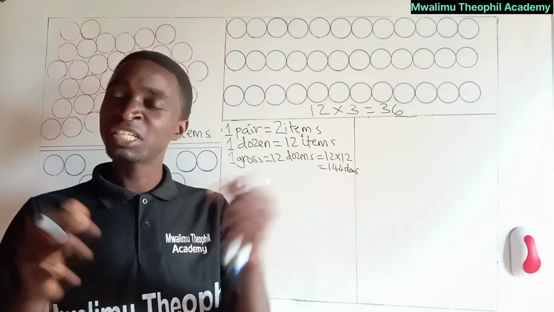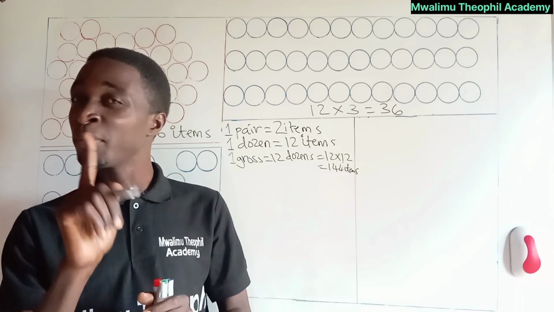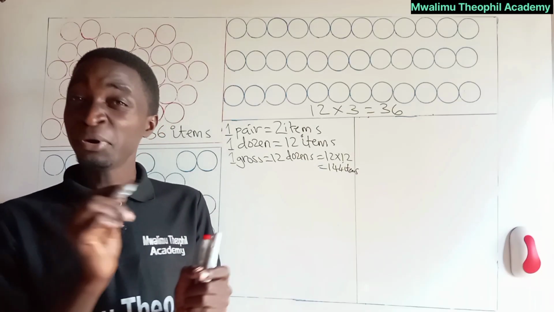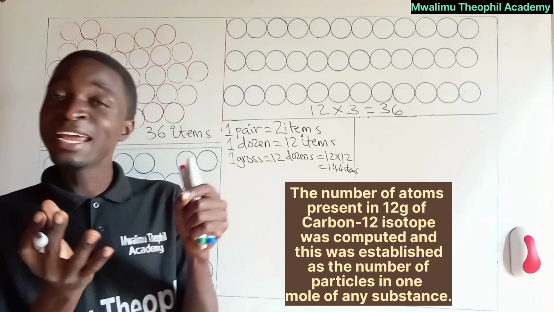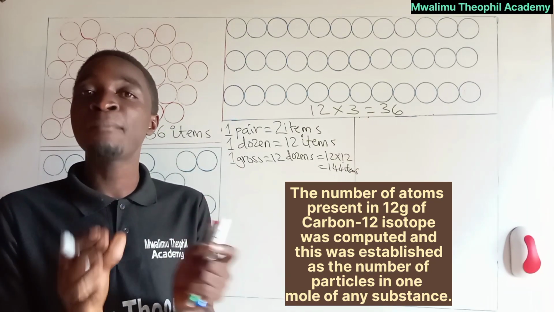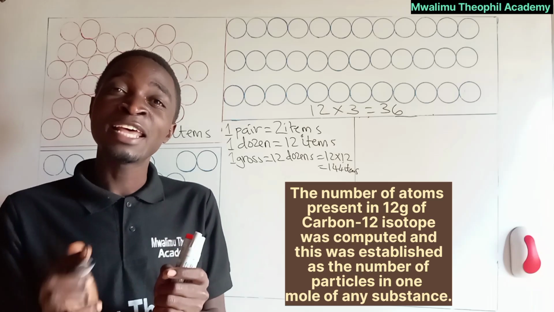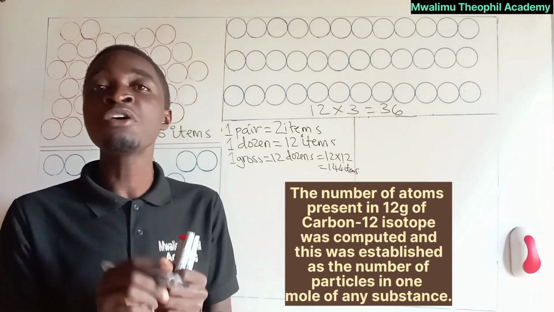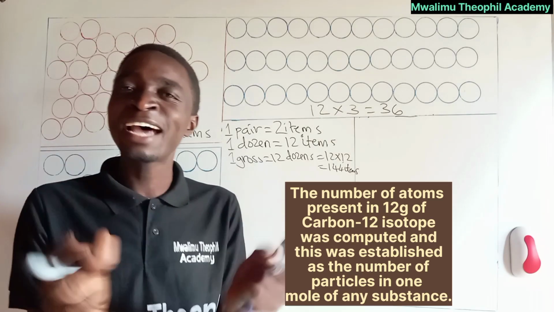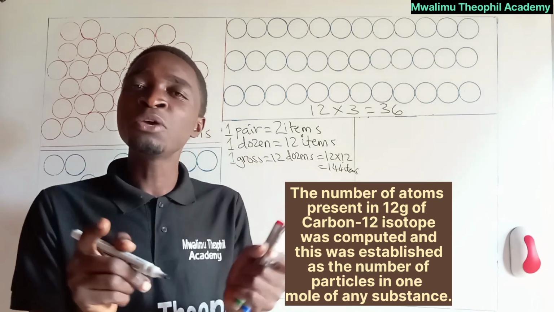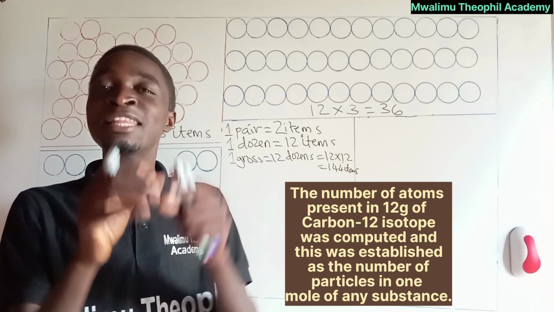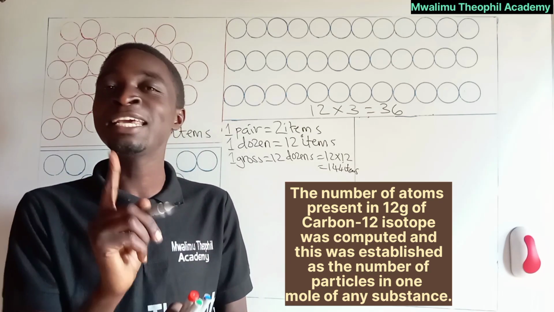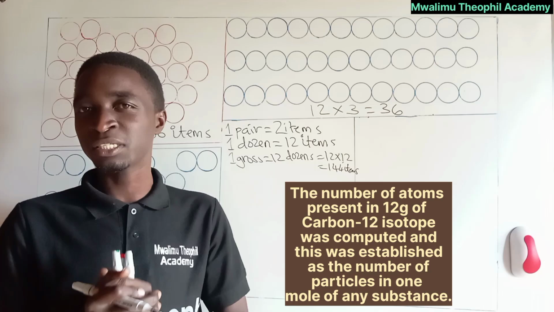Now, how did they get to know about 1 mole? They decided to compute the number of atoms present in 12 grams of carbon-12 isotope, and they took that value as the standard number to be used for all substances as the particles present in 1 mole of a substance.